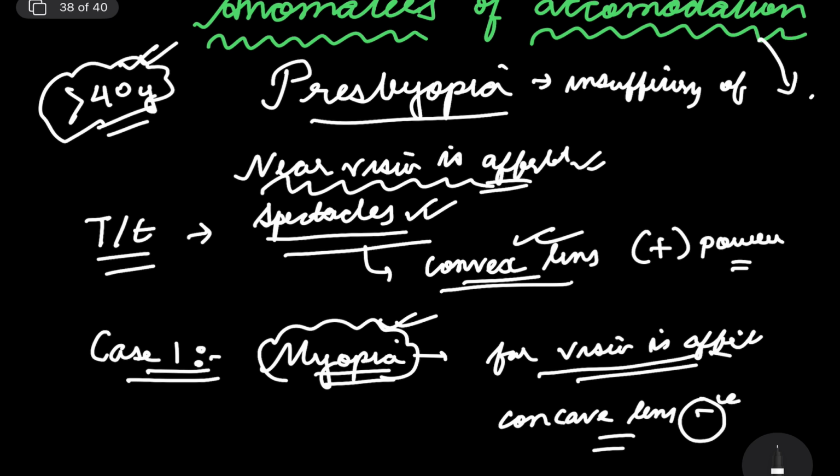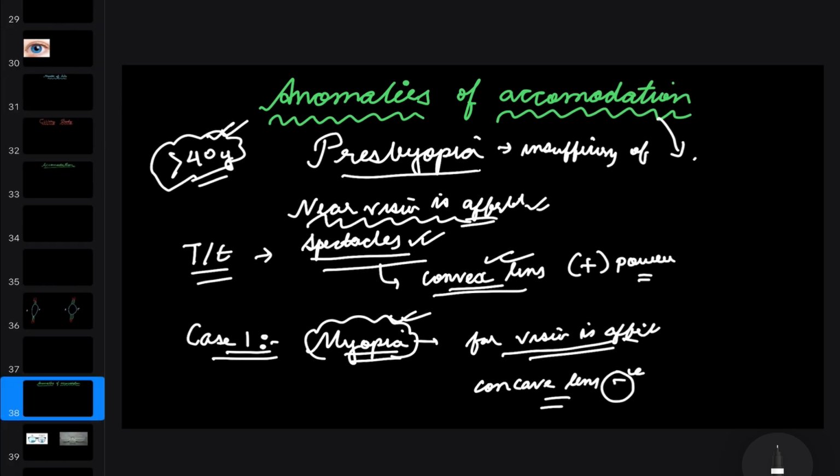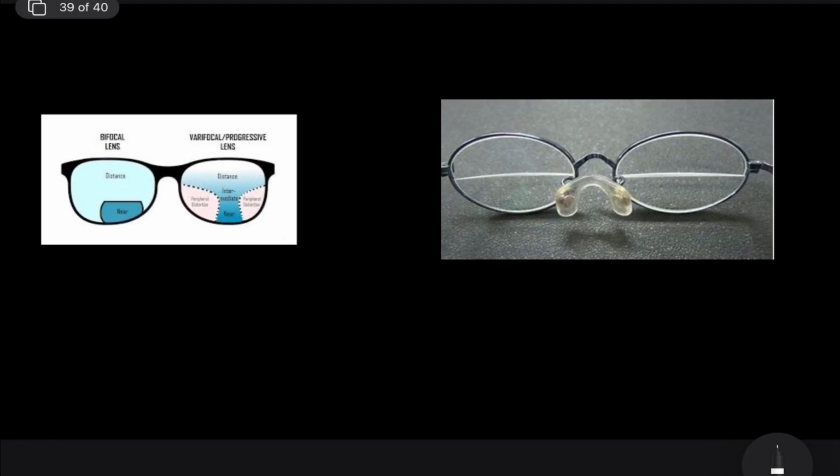So if a person is affected by both, then what are they going to do? They are going to use a special kind of spectacle, which is bifocal lens. Bifocal, which means bi means two and focal means focal length. So basically, for both farsightedness and nearsightedness, we are using two kinds of glasses, and we are mashing them together. That is what a bifocal lens is.